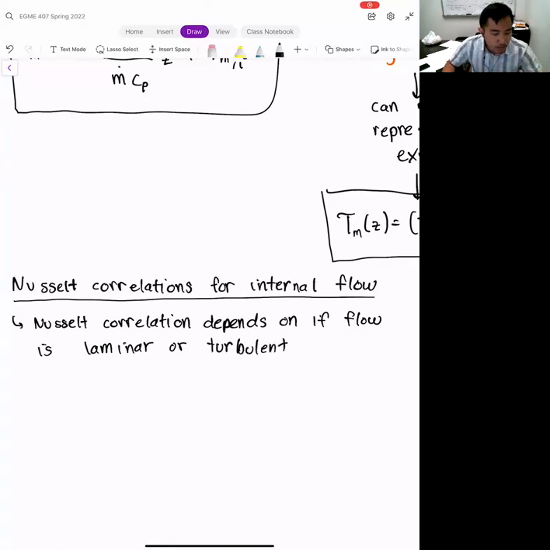The first thing you should know about computing convection coefficients in internal flows is what that cutoff is.